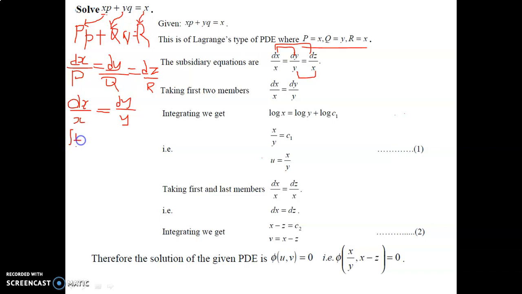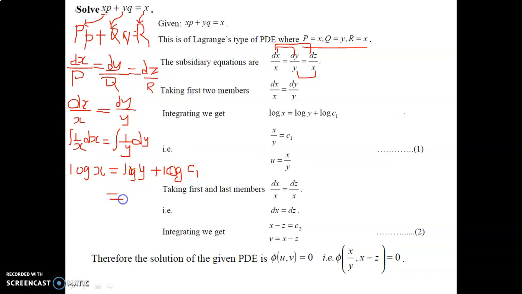I write the integral of 1 by x dx equal to the integral of 1 by y dy. We all know that the integral of 1 by x is log x. Similarly, the integral of 1 by y with respect to dy is log y, plus, as normally in integration we get some constant. As a log function is involved, we take the constant also as a log, that is log c1.